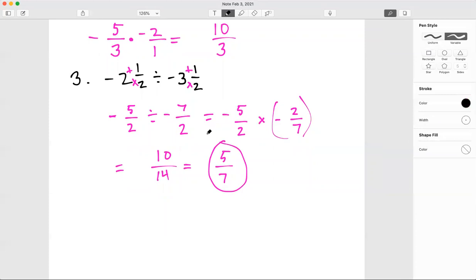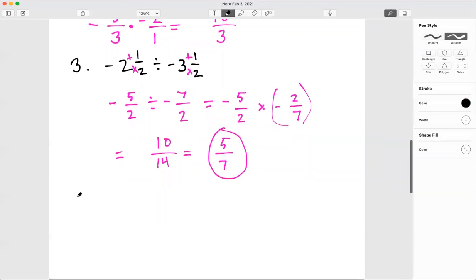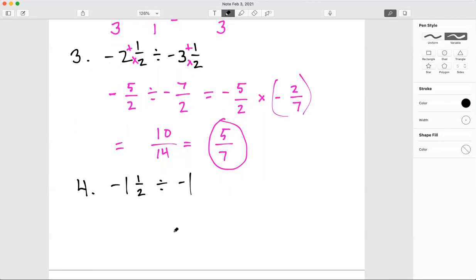Okay, last one. Here's an interesting one you might be confused on. So we'll do an example: negative 1.5 divided by negative 1. I'll just tell you right away, whenever you multiply or divide something by 1 or negative 1, it's going to stay the same.